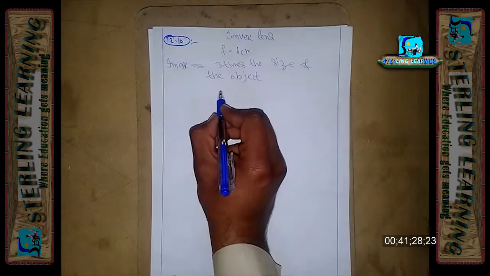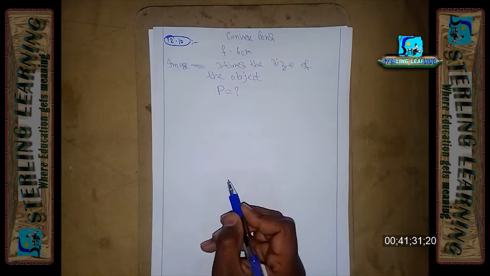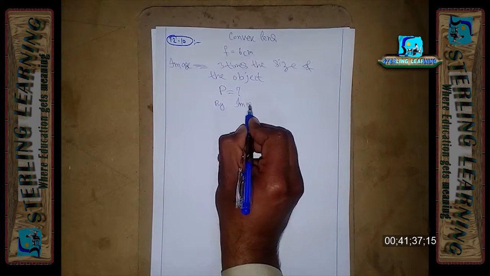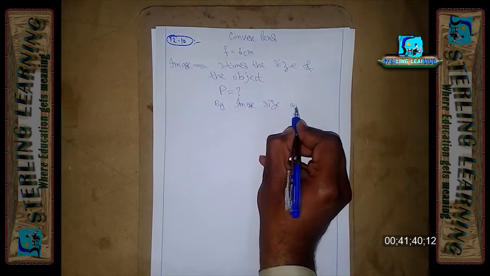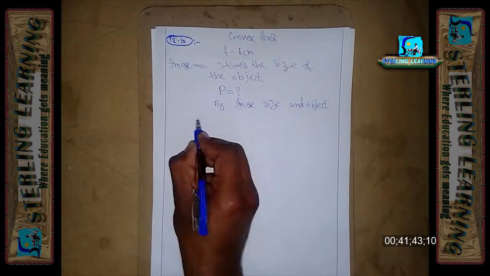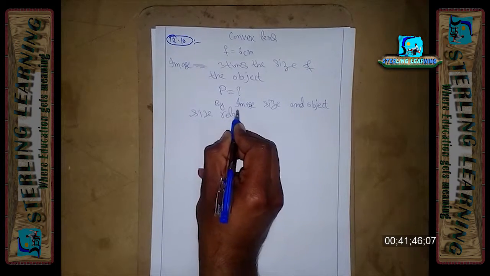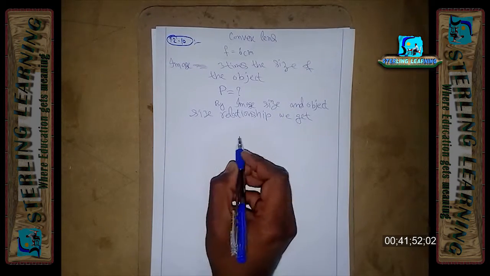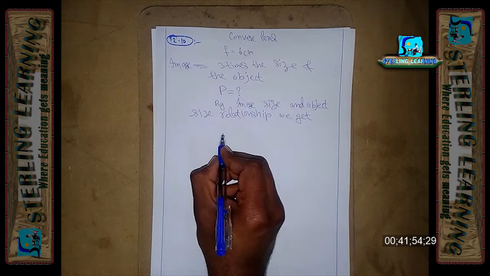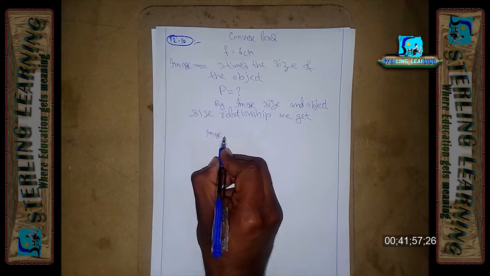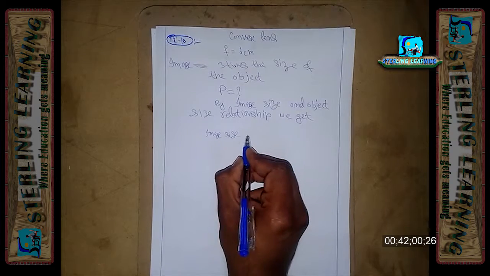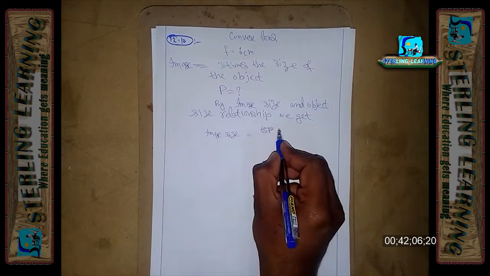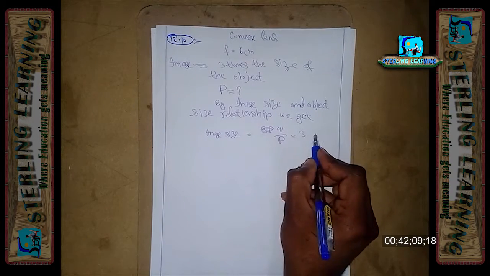Where must the lens be placed? P is to be calculated. So by image size and object size relationship, image size is 3 times the size of the object. Q over P is equal to 3 into object size.